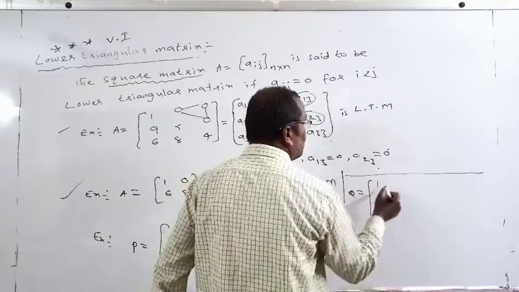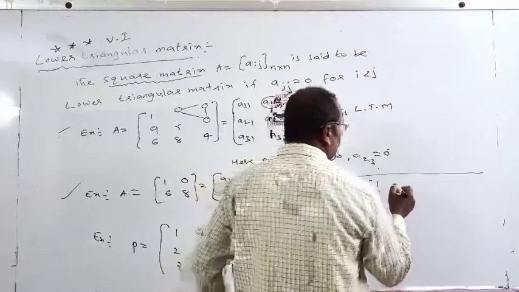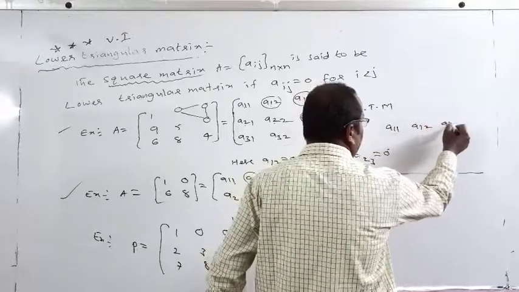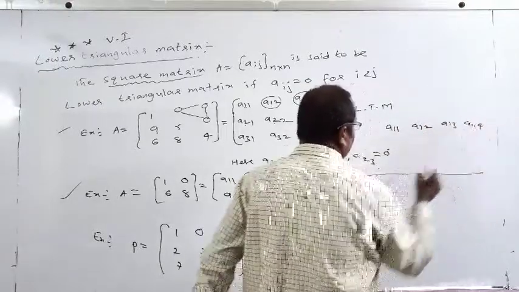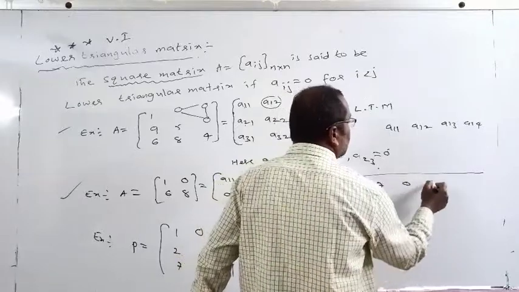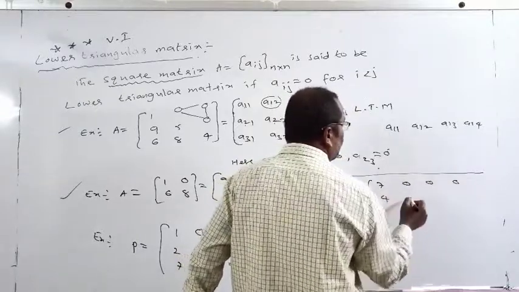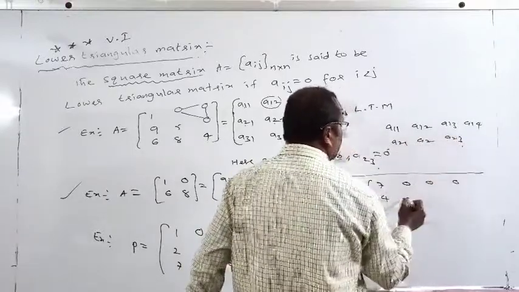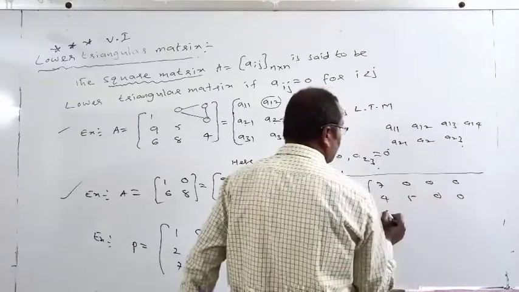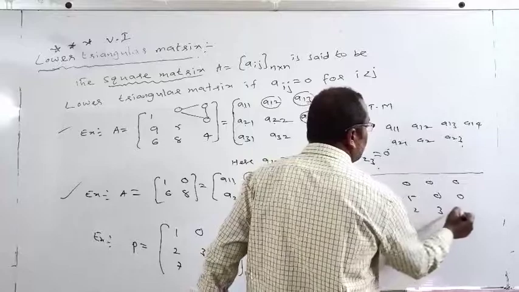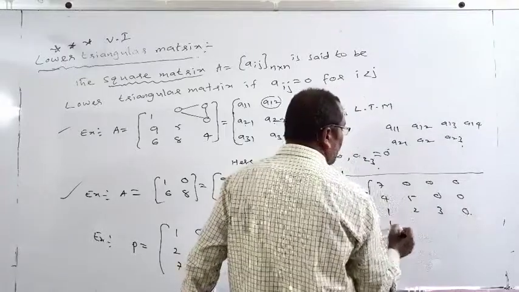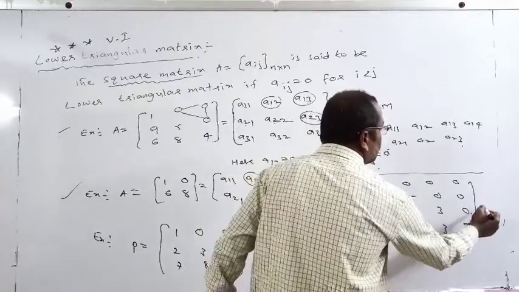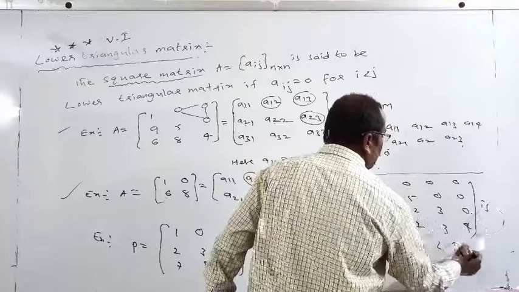Q is equal to [1, 0, 0, 0; 7, 4, 0, 0; 5, 0, 0...; 1, 2, 3, 4], with entries a11, a12, a13, a21, a22 like this. This is also a lower triangular matrix.